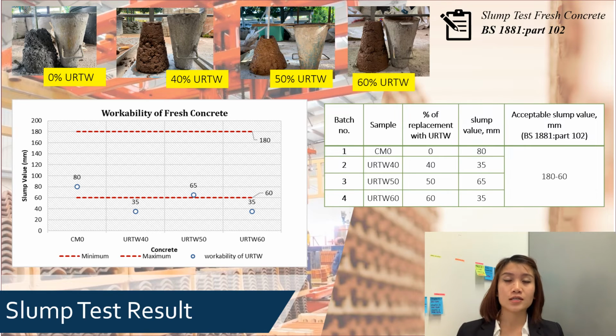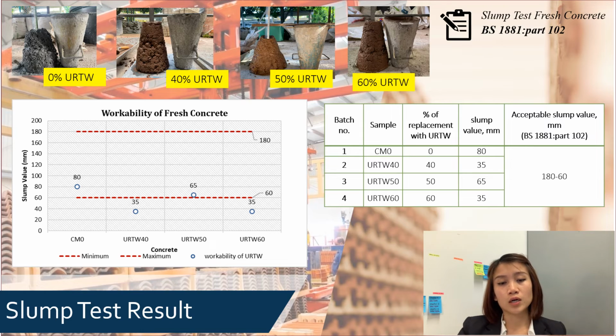Since the slump test measures the workability of fresh concrete, from the analysis, URTW 40% and URTW 60% concrete have the lowest, out-of-range slump values. This means that the workability of both concretes is very low and they are very hard to handle.